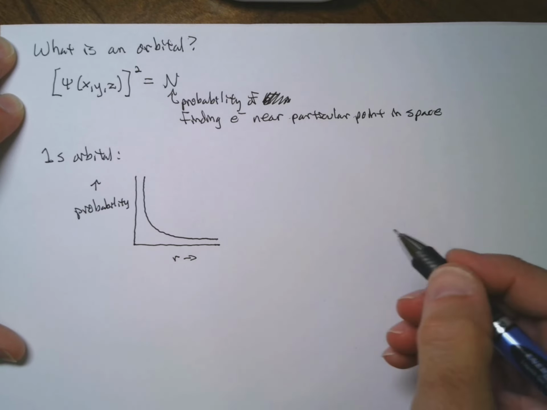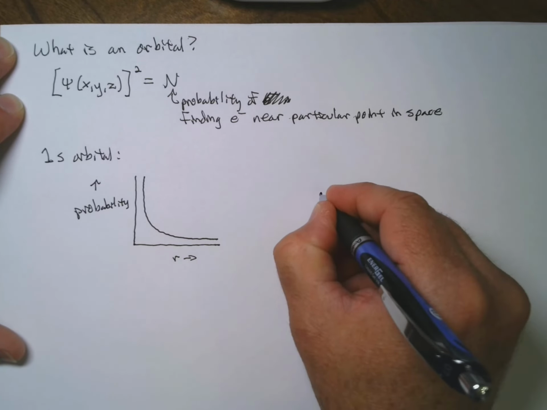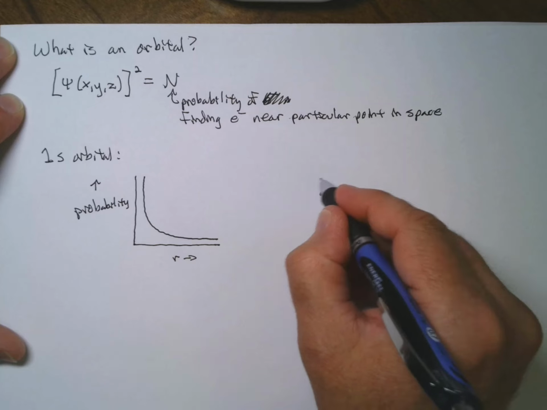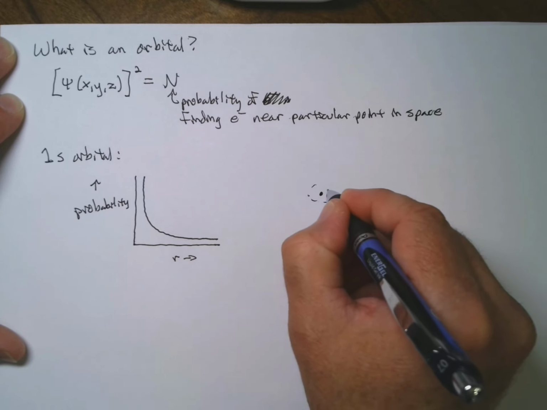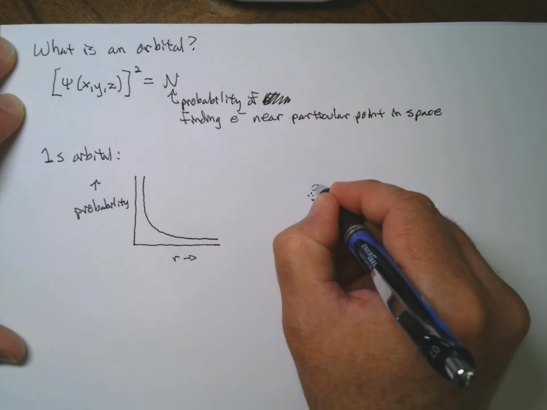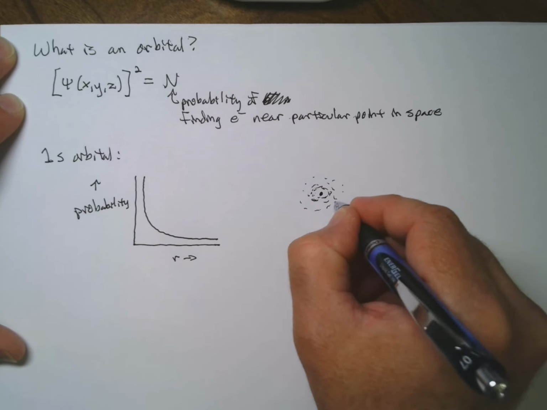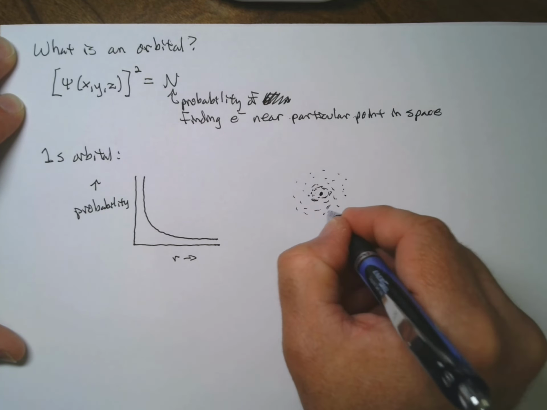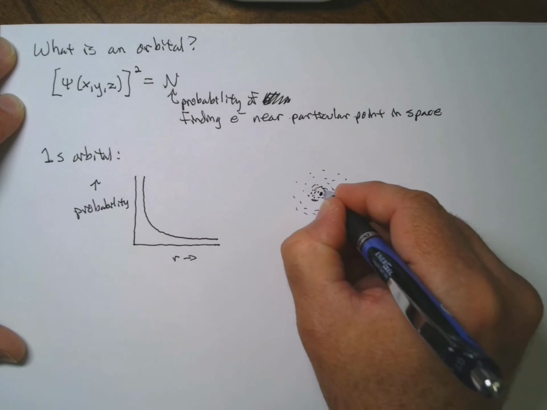And so we have essentially something spherical where we've got our nucleus in the middle, and then we have essentially a cloud that gets more and more diffuse the further out we go.